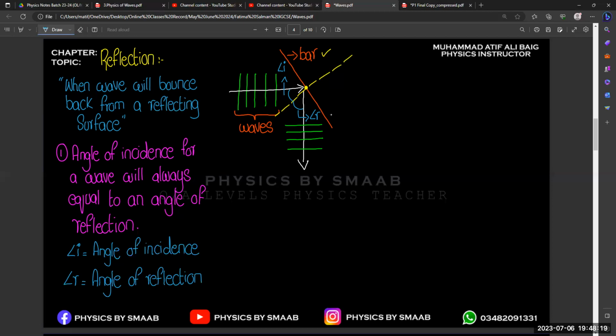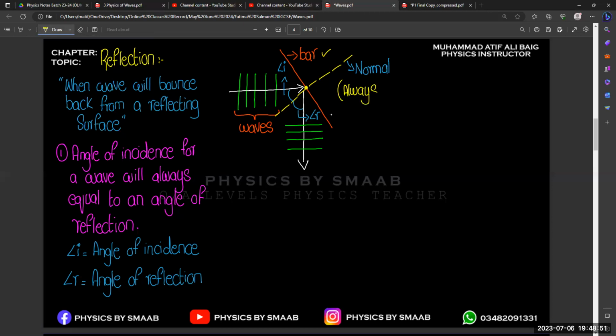Yeah. So to measure the angle, always remember that you need to draw a normal line. I'm writing this is our normal line. The dotted line is basically the normal, because we need to measure from the normal line. Never measure the angle with the surface, right? Always measure the angle with the normal line, right? I'm also writing it over here so that it will be easy to understand.